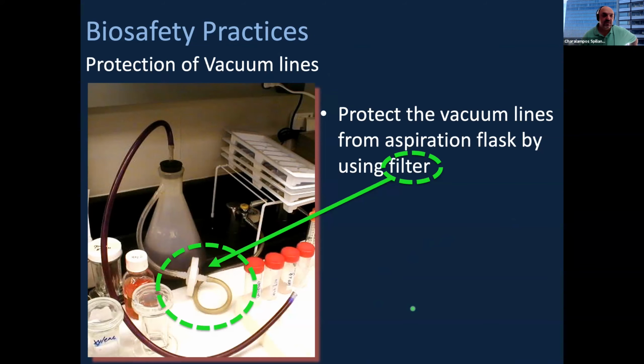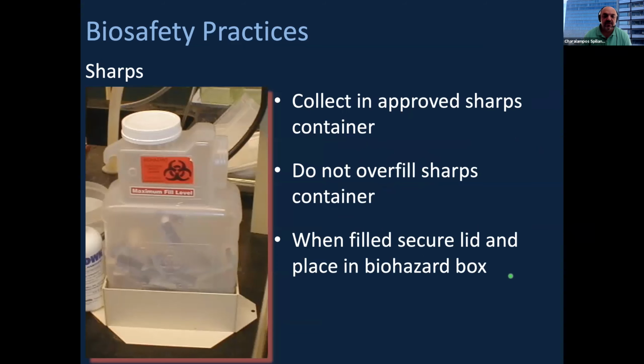So we don't contaminate with whatever biohazardous material all the vacuum lines in the building. Such a filter could be beneficial to separate the permanent facilities in the building from the biohazardous material that we're going to be collecting in such waste containers, such as glass or plastic flasks. So these filters are beneficial to separate the different areas.